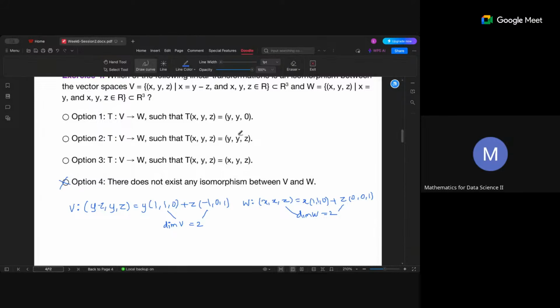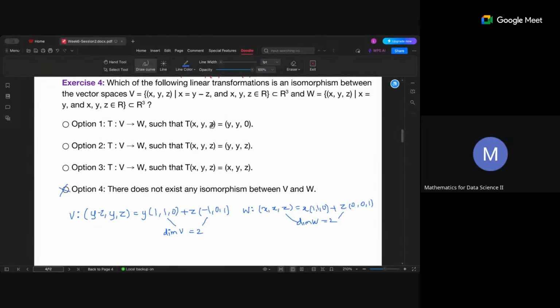Now we will look at this one. T of (x, y, z) is equal to (y, y, 0). For an isomorphism, you need both 1 to 1 and onto. So for option 1, is it 1 to 1 and onto? For 1 to 1, you need only the 0 vector in the kernel, the null space, right? But here, is it not very obvious that the kernel is not just (0, 0, 0)?